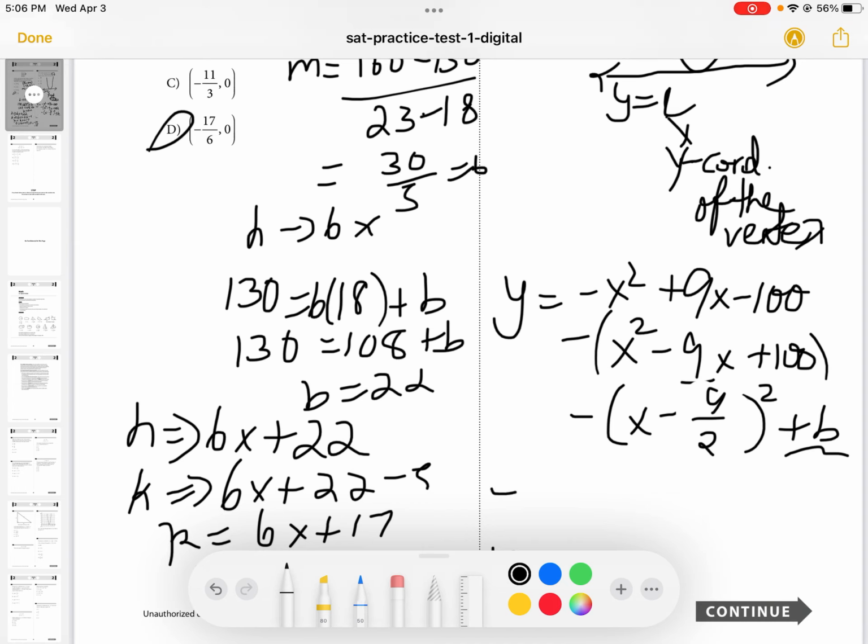So when you expand this part, we're getting negative x squared plus 9x, minus 81 over 4. And then you have the plus b.